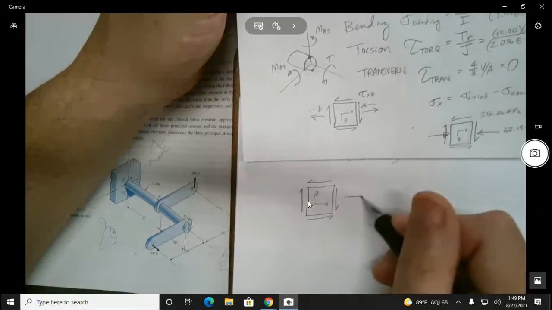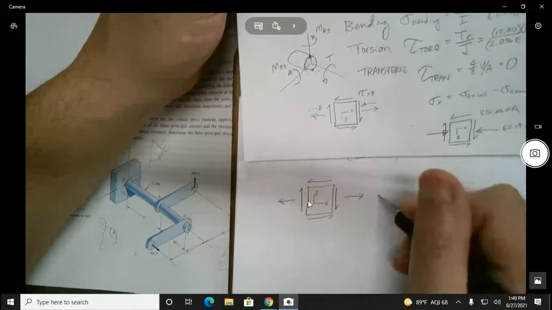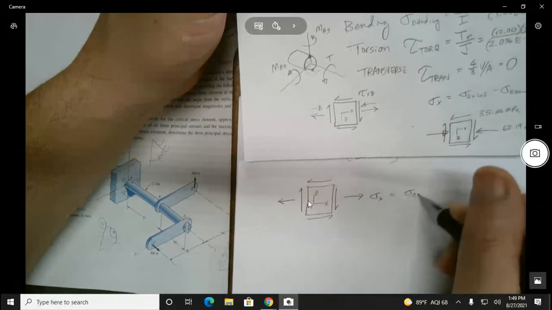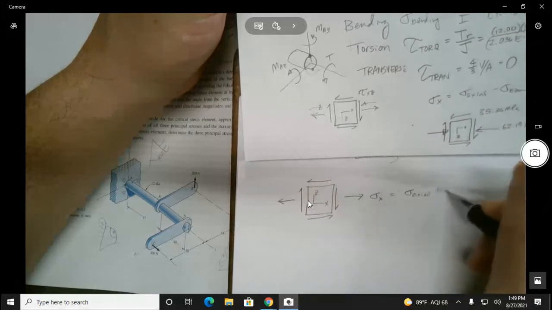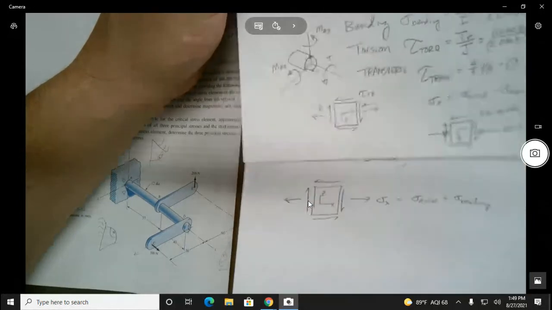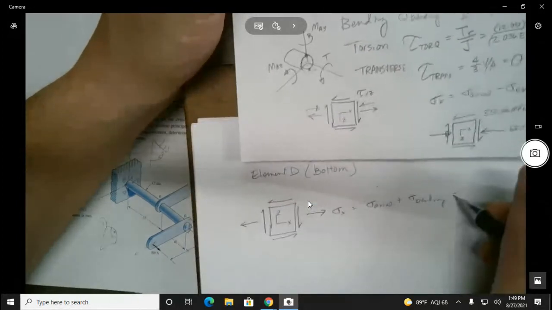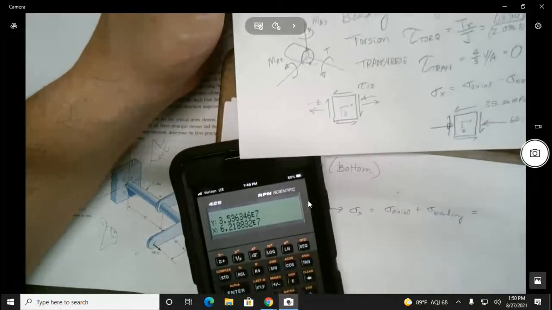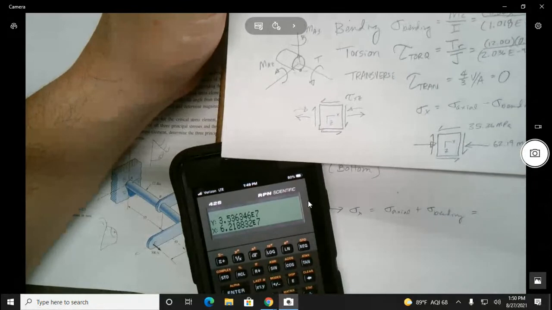And so now the stress in the X direction is going to be equal to the axial plus the bending, right? Which will be something like, well, I could just do the numbers here.